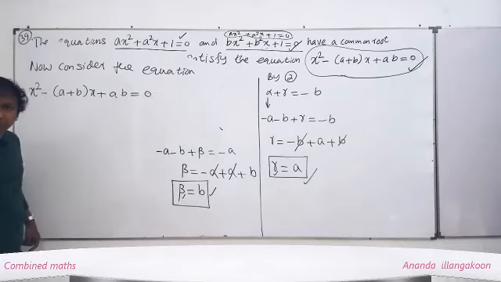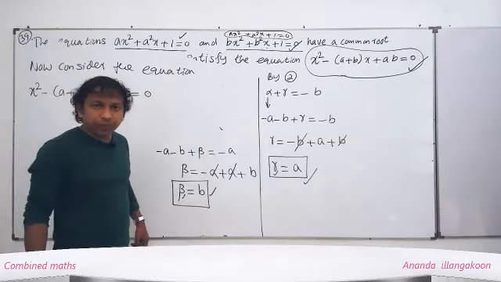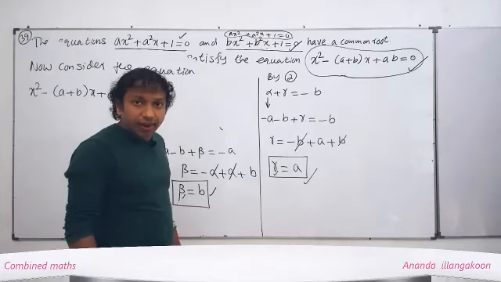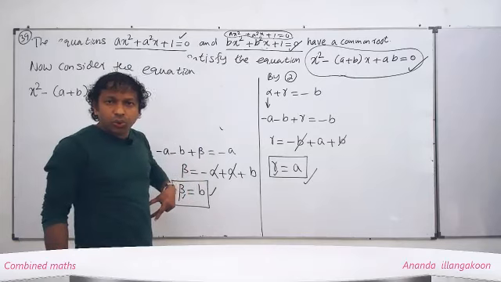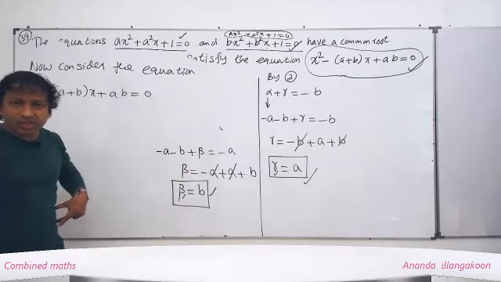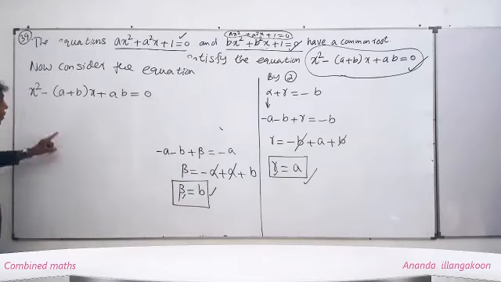People, now we have to prove beta satisfies this equation. To show that beta satisfies this equation, I am going to substitute for this x the value beta. Right. Okay.